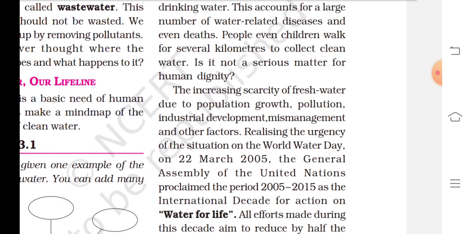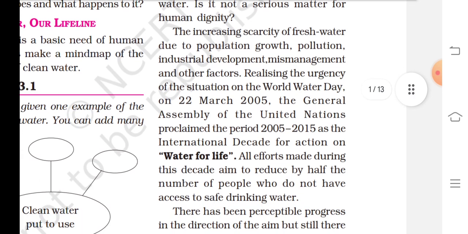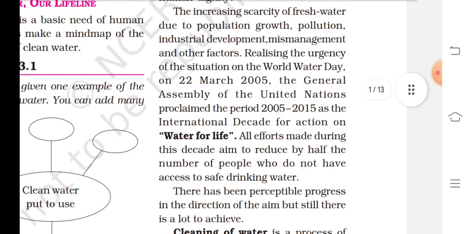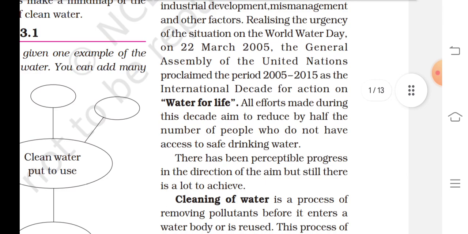Pupils, even children, walk for several kilometers to collect clean water. Is it not a serious matter for human dignity? There is increasing scarcity of fresh water due to pollution, growth of populations, industrial development, mismanagement, and other factors.